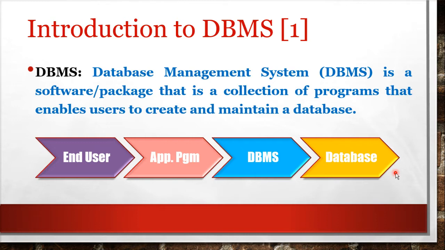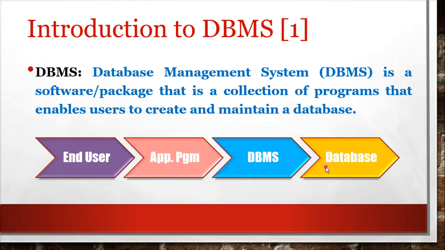So we are using an application program, which is used to access a particular database. We are not accessing the Facebook database directly. We have to log into the Facebook application, and then the application, on behalf of the user, will make appropriate changes to the database.